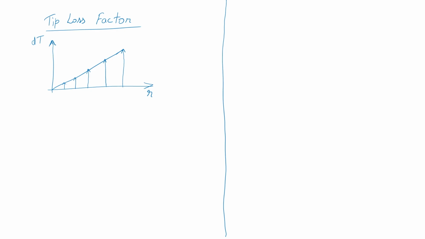This is from the ideal theory, while the actual variation could be quite different. The actual variation, which I am showing with red, would have the lift coming down to 0 at the blade tip.